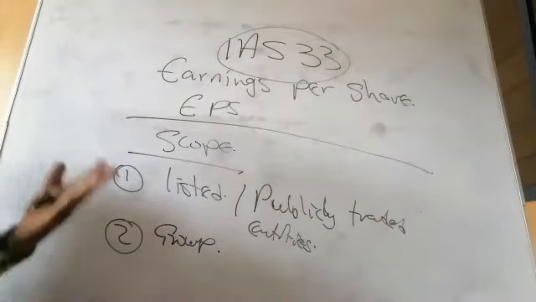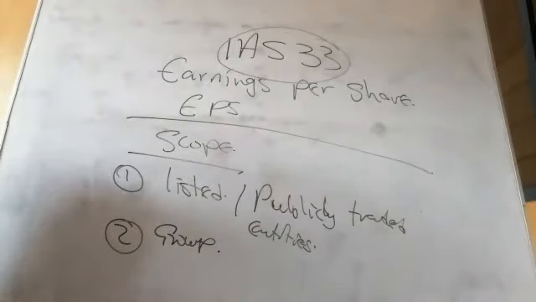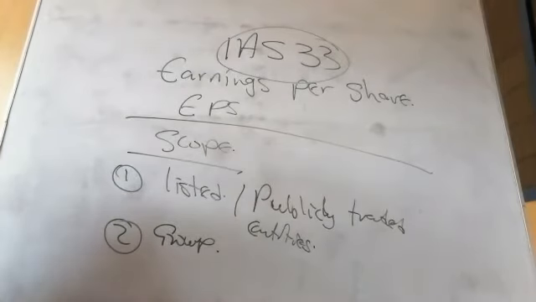If you're in a group, then the parent's ordinary shares are traded publicly, or the parent files for returns, or is in the process of filing to be listed. That is it. Okay, now let's continue and start with the actual action.